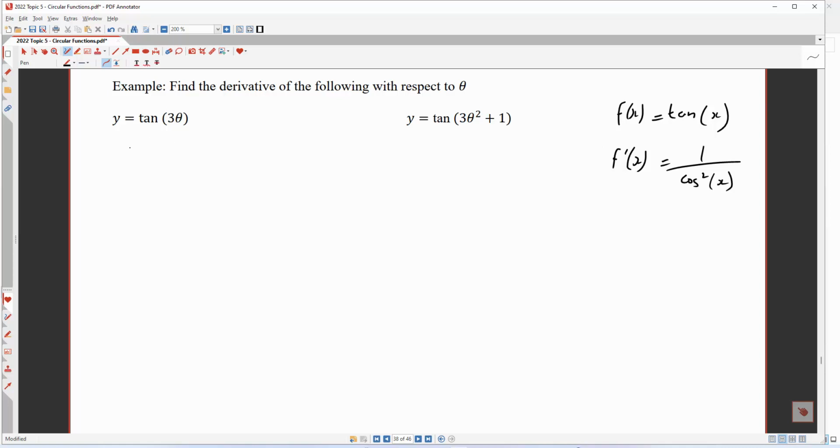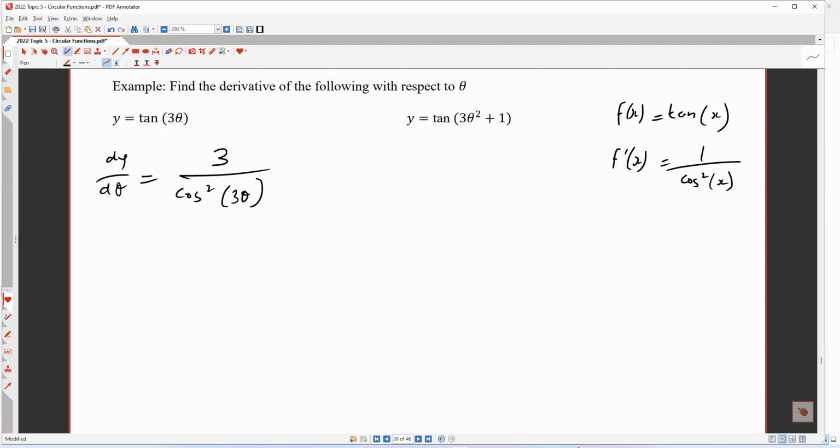So what we're going to say is that this 3 here, as per the formula sheet, will go in the numerator. So we'll go dy dx equals 3 over cosine of 3 theta all squared. Now that shouldn't be dy dx, it should be dy d theta. So I'll grab my rubber and write that as theta.